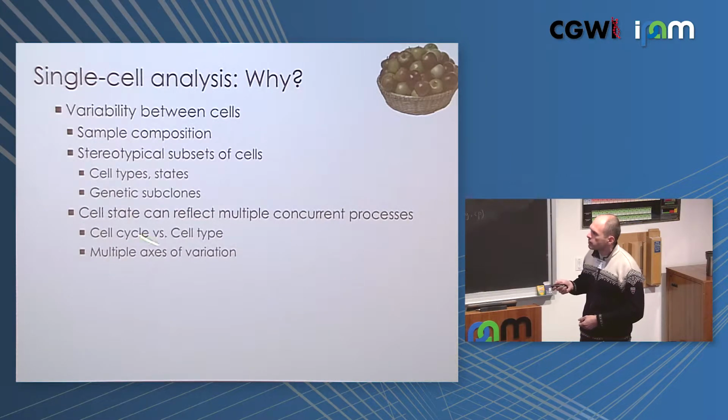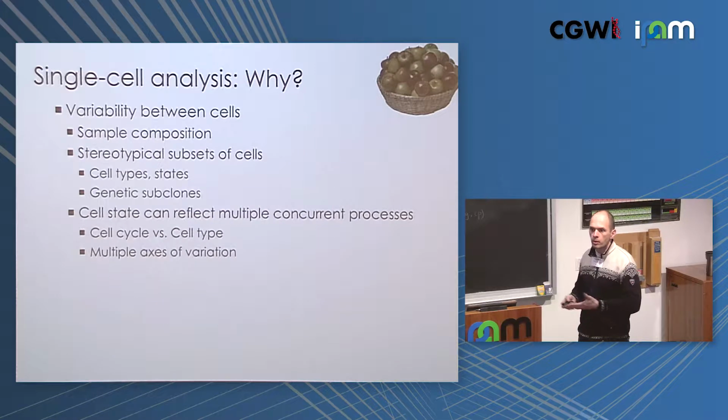The important thing here is that particularly functional states, like the transcriptional state or epigenetic state of a cell, are very high dimensional, and they can reflect a variety of processes that influence the cell. Obviously, the cell type will influence, for instance, the transcriptional profile, but so will the cell cycle, so will its microenvironment and epigenetic state, and so on. And what you see in many of these measurements is a combination of all these influences.